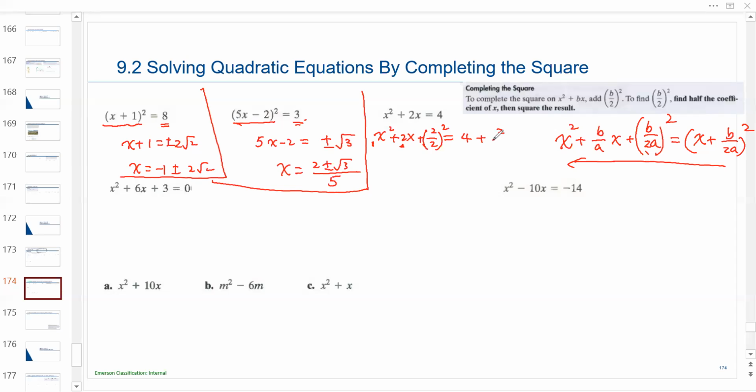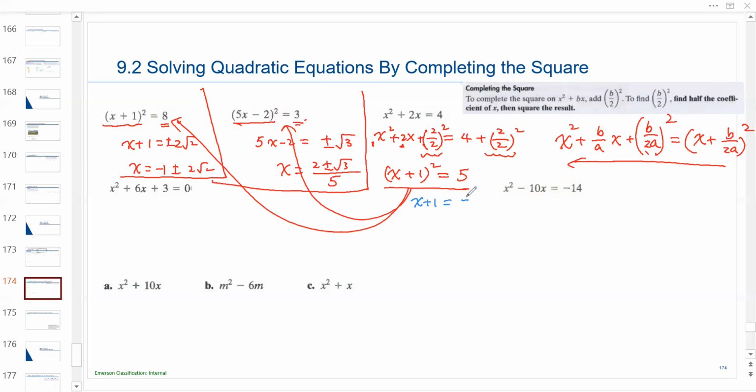Then for the right part, do the same thing: add the same number to both sides, so we don't change the equation. The left part became the perfect square, and the right part became 5. Now we can transform it into the same kind of format as before, so we can easily find the solution. Take the square root of both sides, and you get -1 plus or minus the square root of 5.